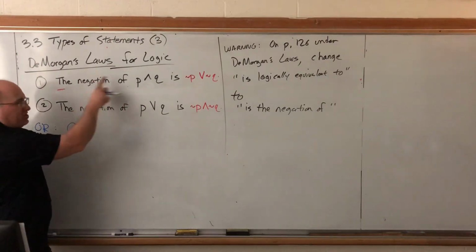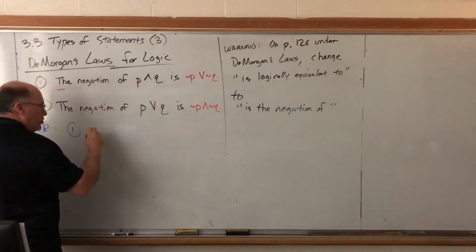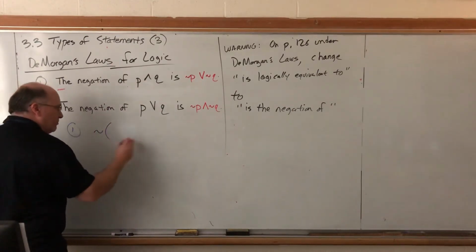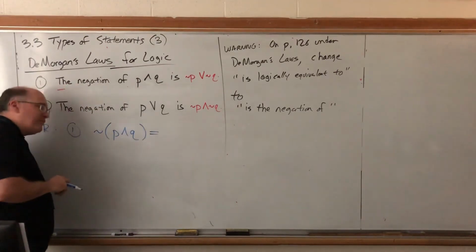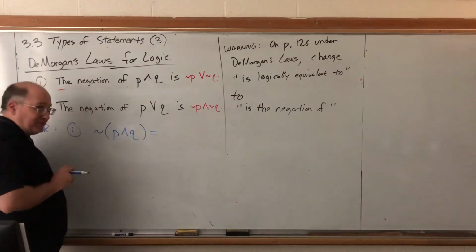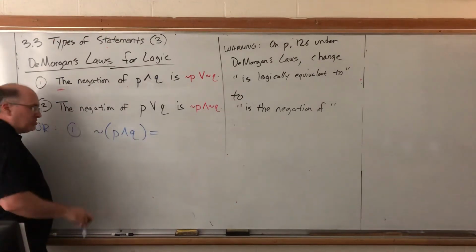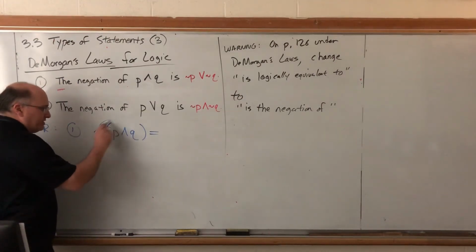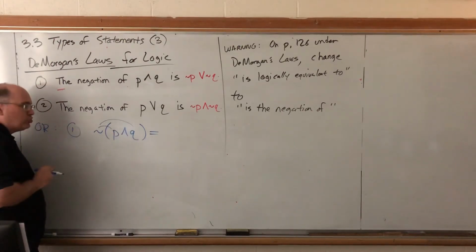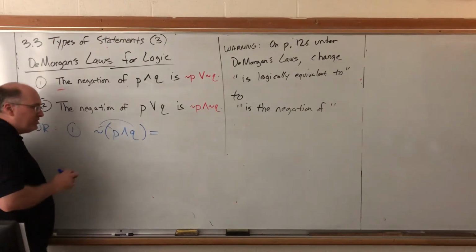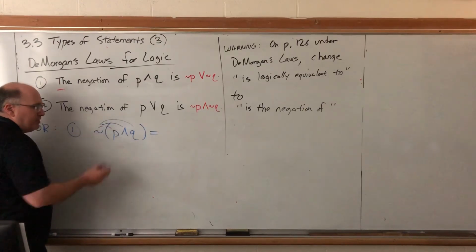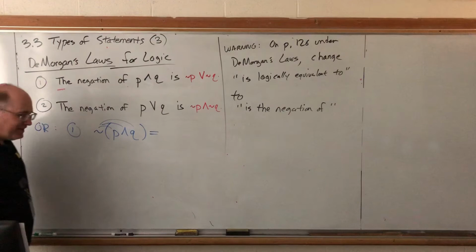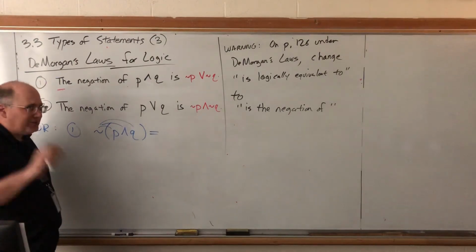When I say the negation of P conjunction Q, I could write a negation symbol, open up some parentheses, and inside write P conjunction Q. I'm kind of abusing the use of the equal sign, but we'll let it slide. This looks like the distributive property, and it almost is, in the sense that you can distribute the negation to the P and the Q. But in a bizarre sort of way, you'll also have to distribute it to the conjunction and take its, well, opposite.